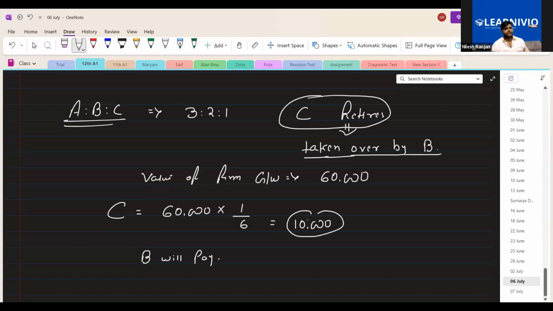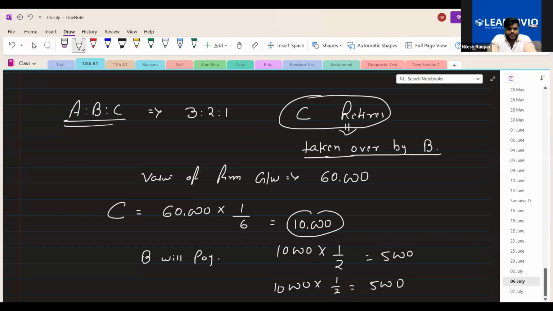And then it will be 5,000 each, equally. Very good. So 10,000 into 1/2, 5,000 and 5,000. That is correct.